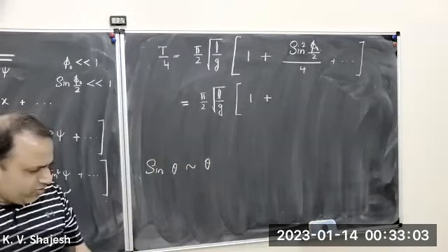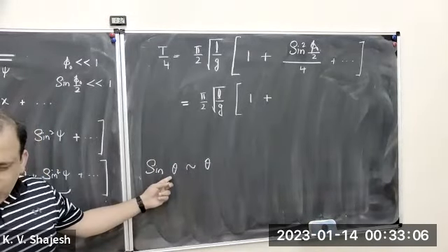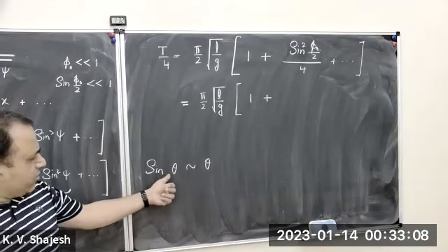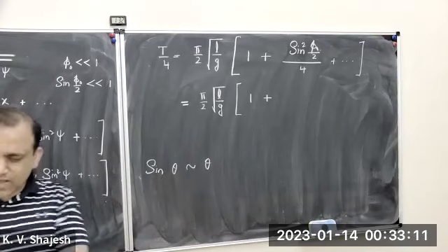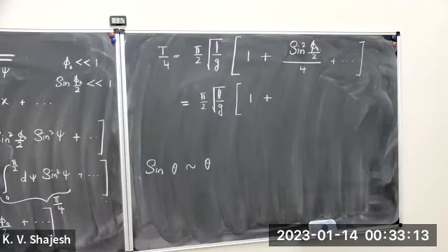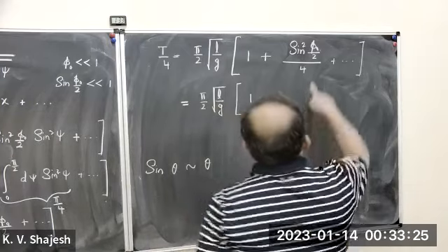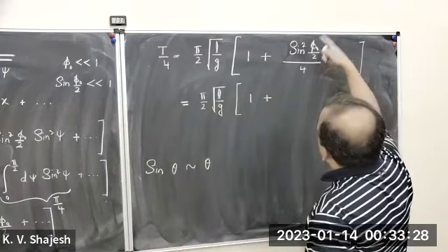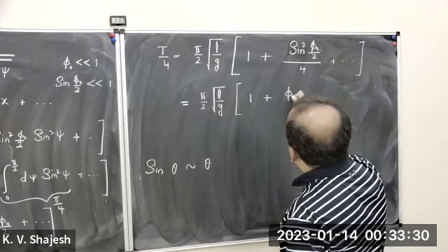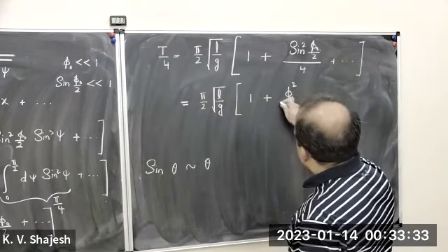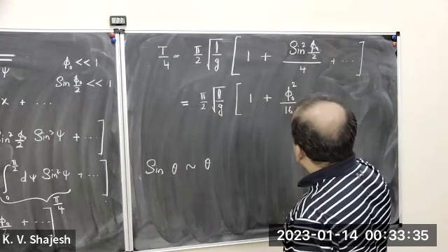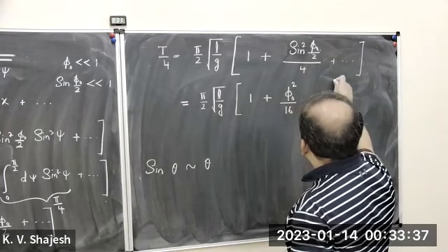It's a good idea to use your calculator, go to radians mode, don't do the degree mode, and then type the sine of an angle. If the angle in radians is small compared to 1, let's say 0.1, you'll get back 0.1 itself. So it's kind of nice to see that. And in that case, you have phi naught over 2 squared. So this is nothing but phi naught squared, that's your amplitude in radians, divided by 16. That's it. So that's your correction.